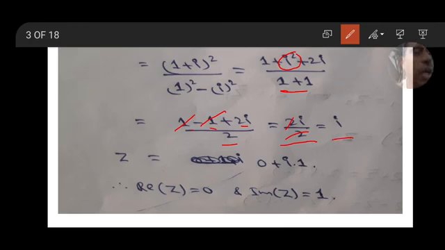Only imaginary part is there, no real part, so we can write i as 0 plus i into 1. It is a plus ib form where a equals 0, b equals 1. So the real part of the given complex number is 0, imaginary part is 1.